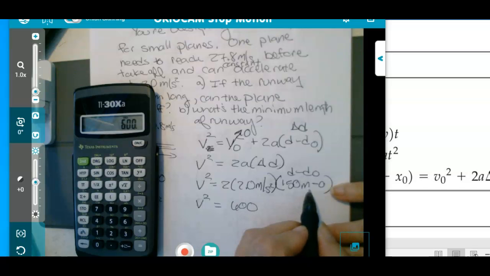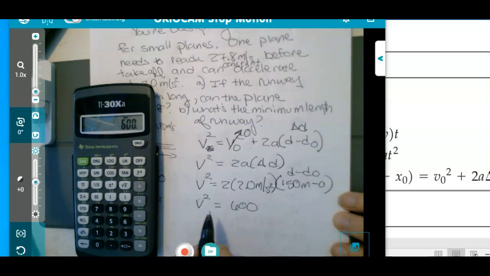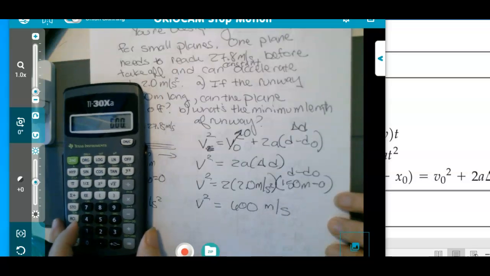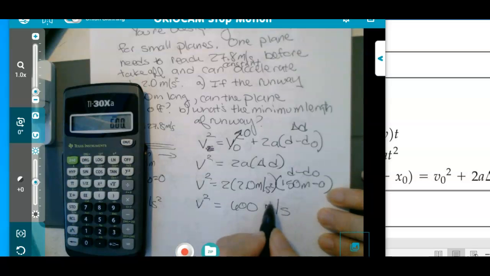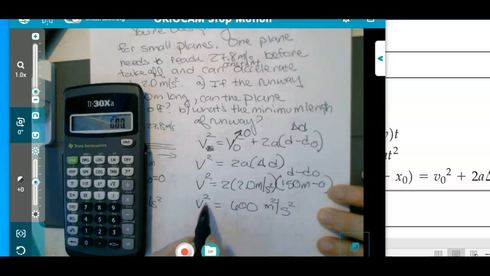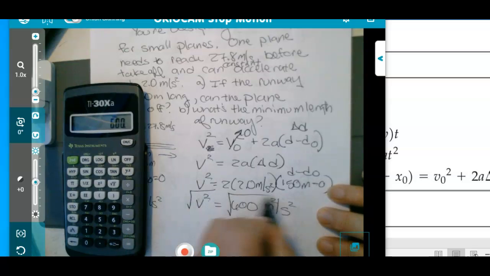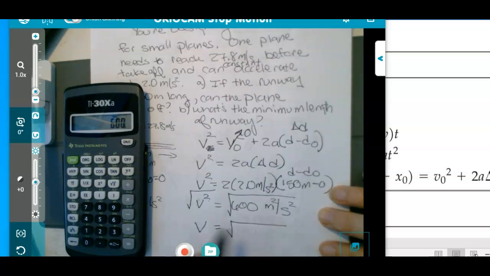And this turns out to be meters squared per second squared, but now I have this square. So I have to square root both sides. So v would equal the square root of 600.